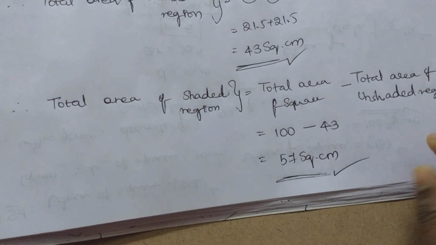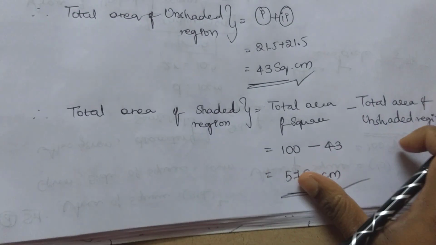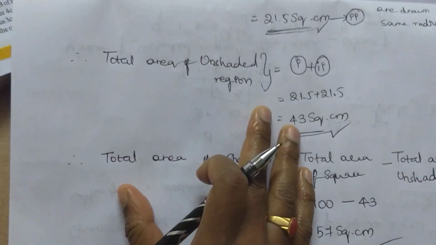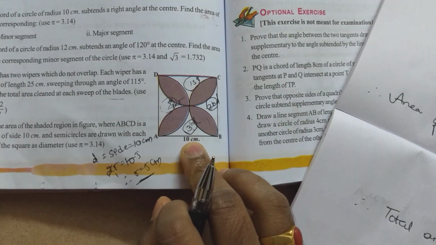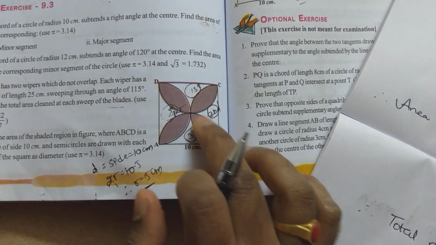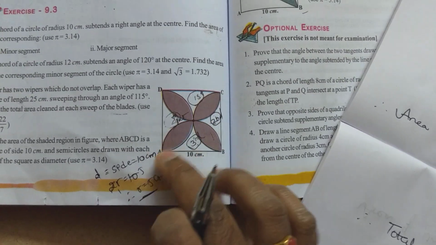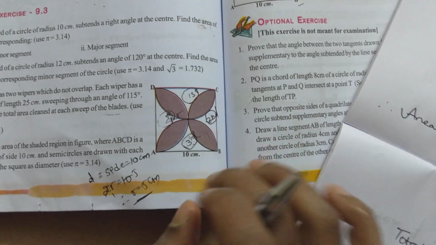Okay, this is the solution for total area of shaded region. So this way we have to find. Okay, let me give you a brief explanation like how we got this answer. So here in the question they have given this figure, they asked us to find the shaded area region. Since here shaded area region does not form any quadrilateral, so it's difficult to find.